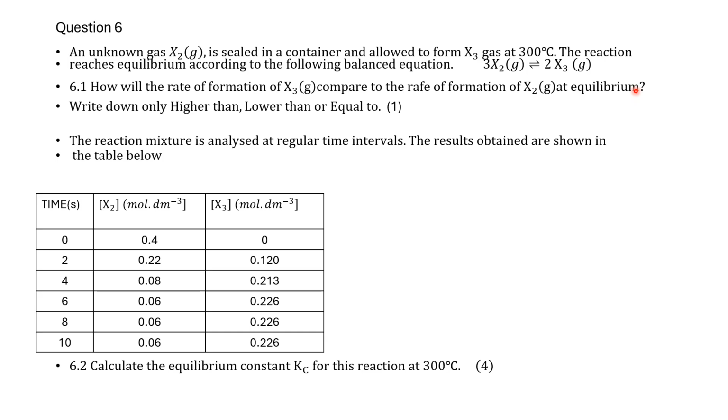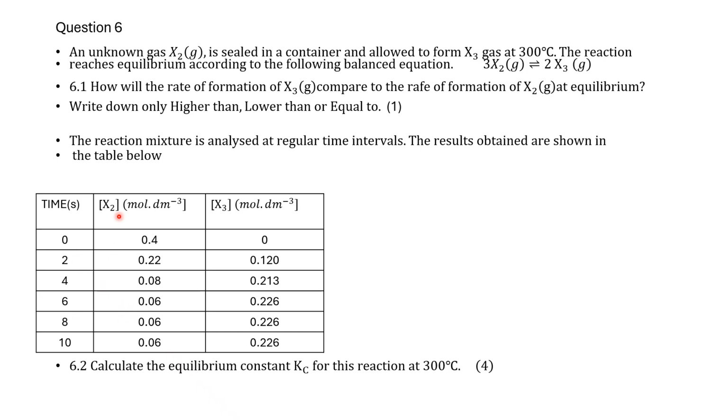Keyword: at equilibrium. Say the reaction mixture is analyzed at regular time intervals. The results obtained are shown in the table below. So there you can see they gave you concentration of X2, concentration of X3. Now we've increased our time intervals in increments of 2, all the way till 10.